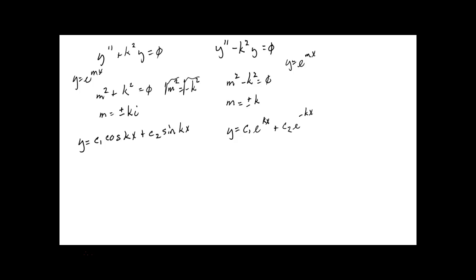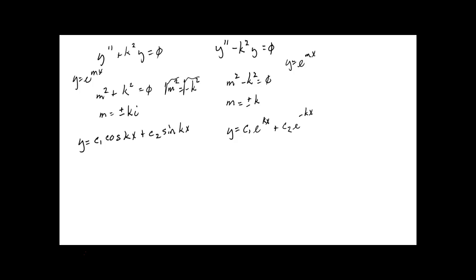So the first one is y equals C1 cosine kx plus C2 sine kx. The next one is y equals C1 e to the kx plus C2 e to the minus kx.